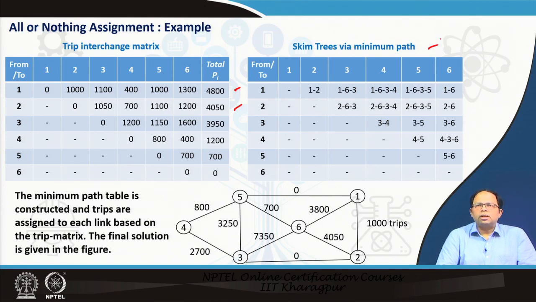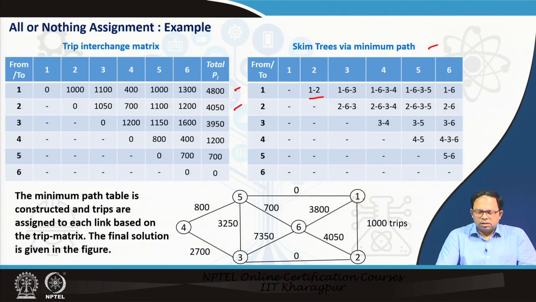data for this particular network. We have already determined how to estimate the shortest path, and we can use any one of the algorithms, and using that we have determined over here the shortest path between 1 to 2 is 1 to 2, that means this is the link, and then 1 to 3 is via 163.